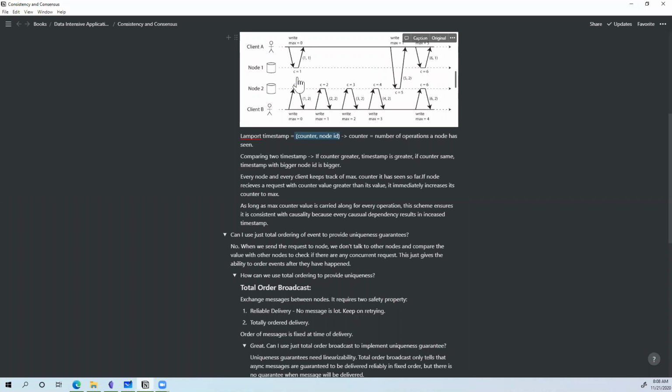So before successfully accepting the write, you wait for the total order broadcast log to come back to you and check whether your log entry was the first one asking for that username.